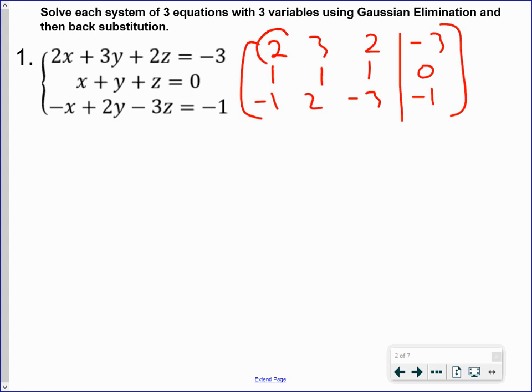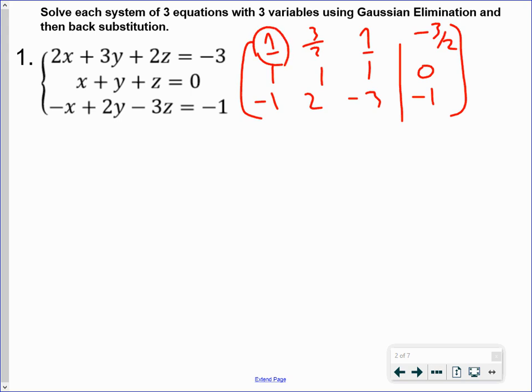So I'll have to turn this 2 into a 1, and I'll do that by multiplying the row by 1/2. And if I do that, I'll end up getting 1, 3 over 2, 1, -3 over 2, if I multiply everything by 1/2 to get the coefficient here to be 1.